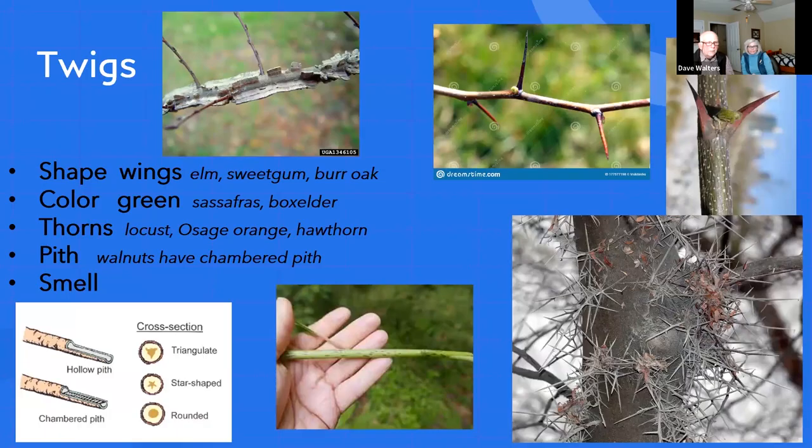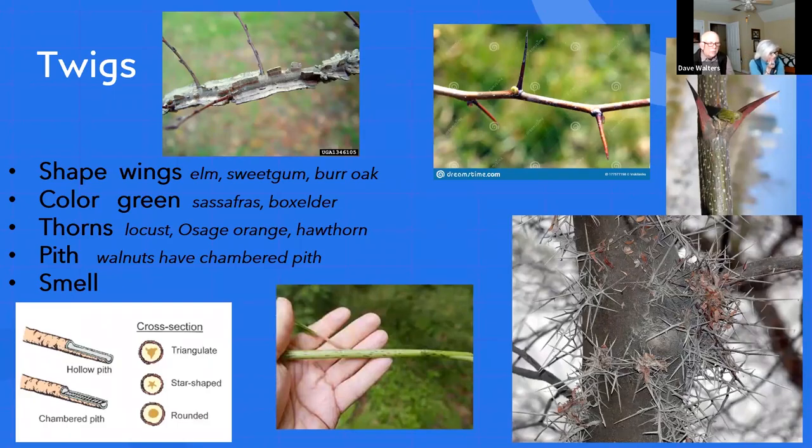A different way to distinguish trees by the twigs is the pith on the lower left. That's the center cross section of the twig. Most piths are solid, but some are chambered, or fewer. Only one is chambered, and that's a walnut. If you cut it with a knife, it's got little bitty cavities in there.